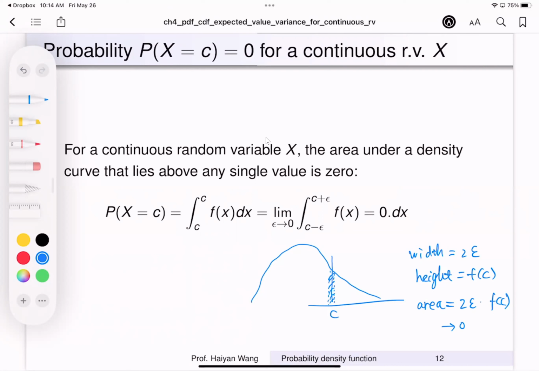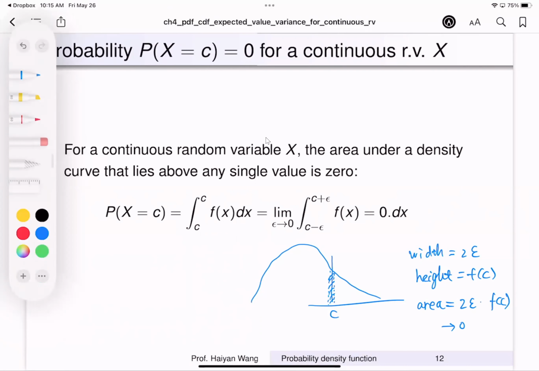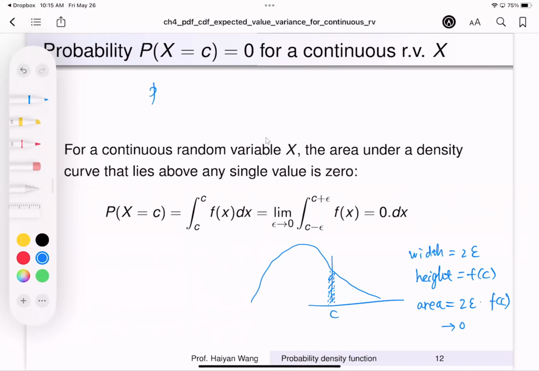So for any constant c, the probability of a continuous variable taking a constant value is always zero. Therefore, the probability of x less than or equal to c and the probability of x less than c are the same, simply because this single value c does not really contribute to the probability.